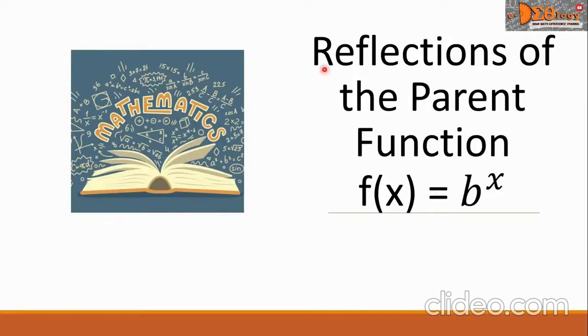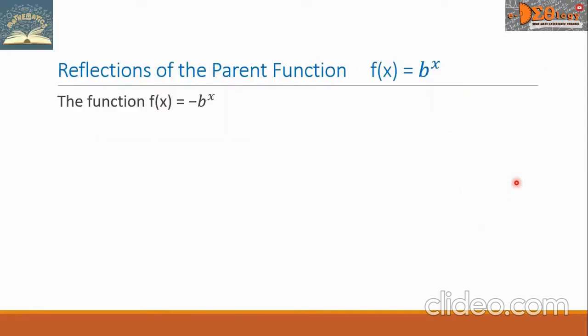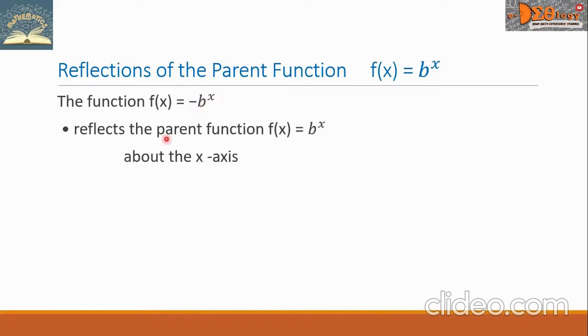Today, we're going to study reflections of the parent function f of x equals b raised to x. The function f of x equals negative b raised to x reflects the parent function f of x equals b raised to x about the x-axis.